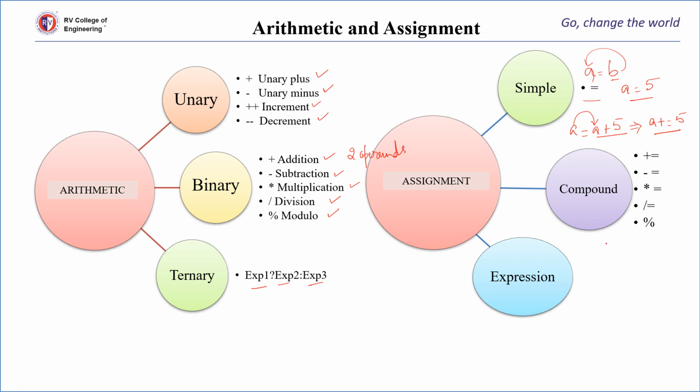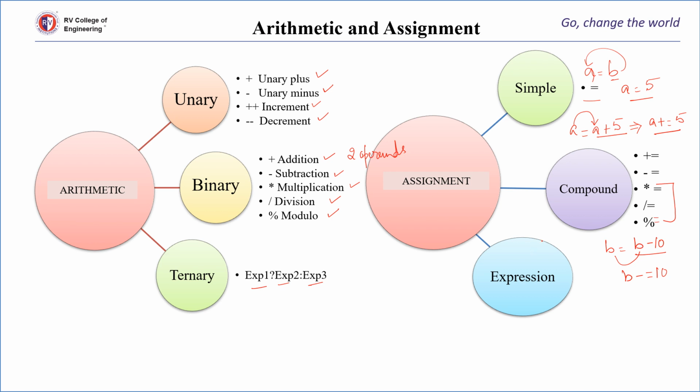Similarly, I have something like b is equal to b minus 10. Again, in my right hand side, if the left hand side operand is getting repeated, I can write it compactly as b minus equal to 10. The same thing holds good for multiplication, division, and modulus equal to.